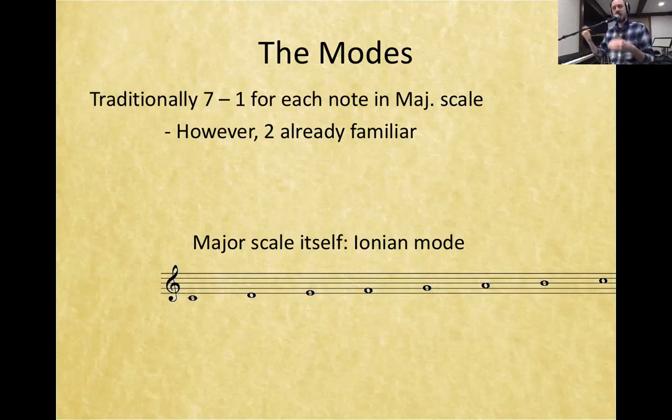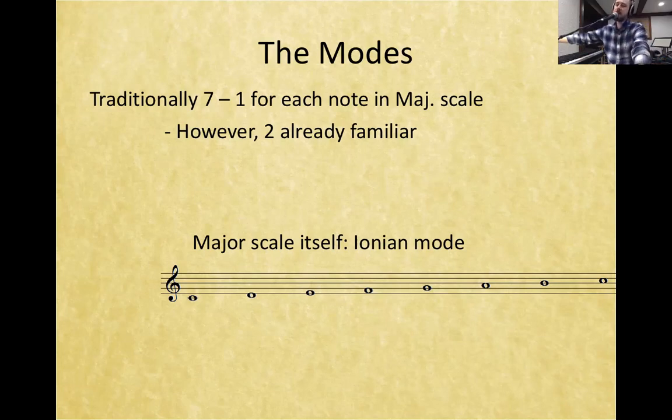And we can chat about this a little bit too, but it's a little debatable whether or not we really want to consider major a mode, because one of the big reasons we're talking about the modes is because they can give us a very distinct and different sound. And it's not the easiest thing in the world to take a major scale and make it sound drastically different, right?